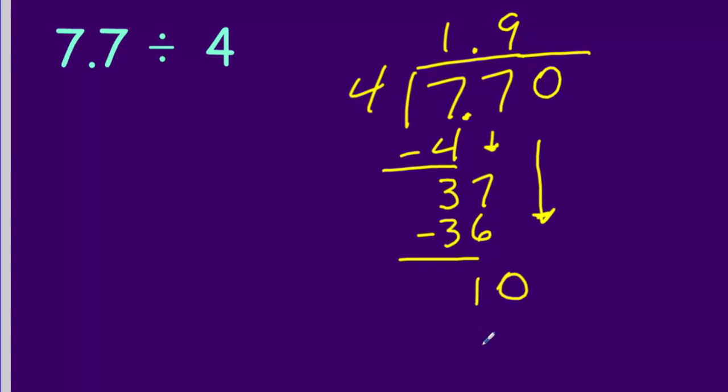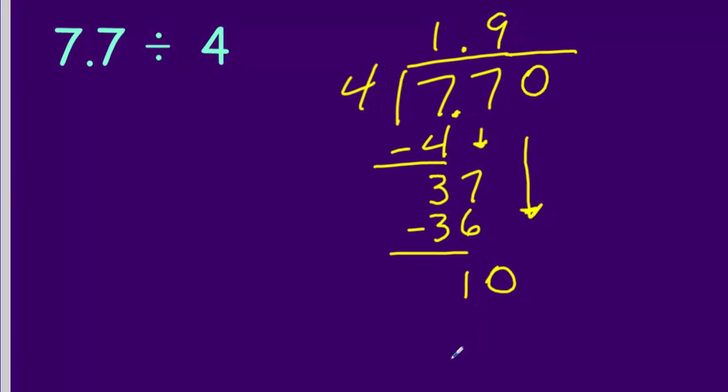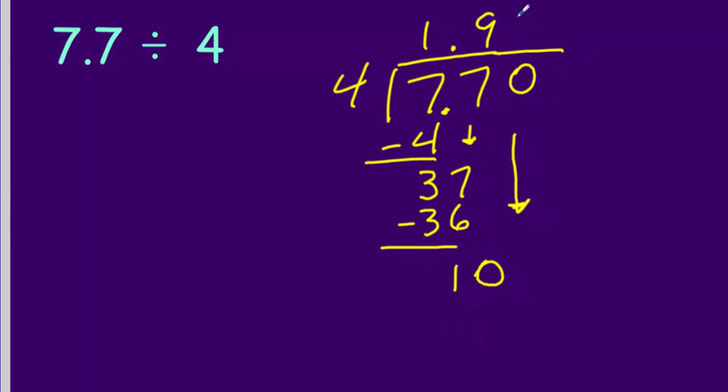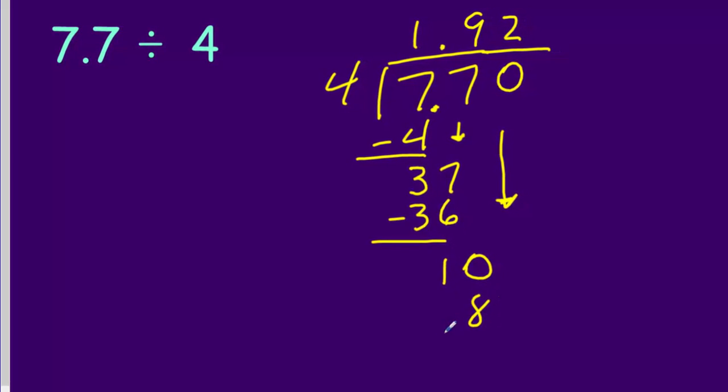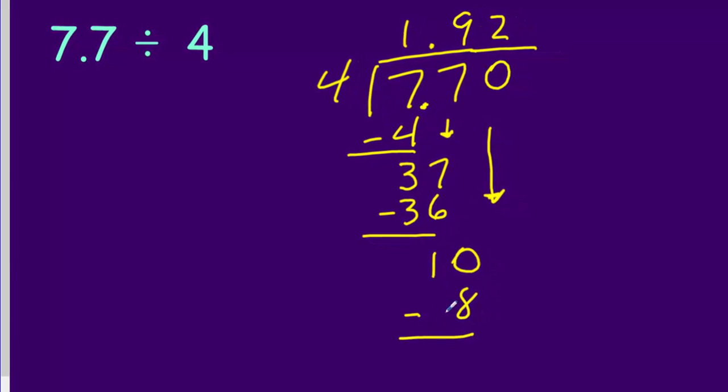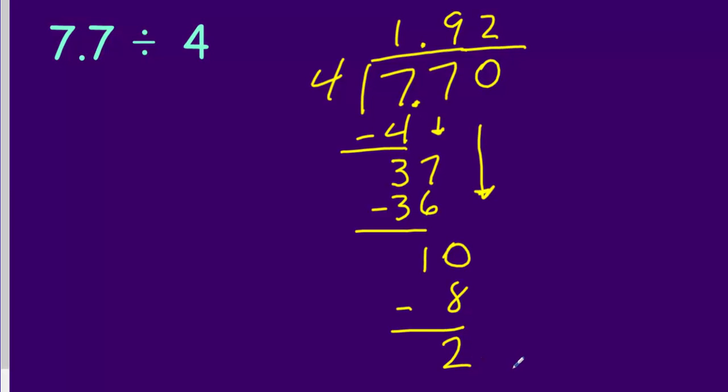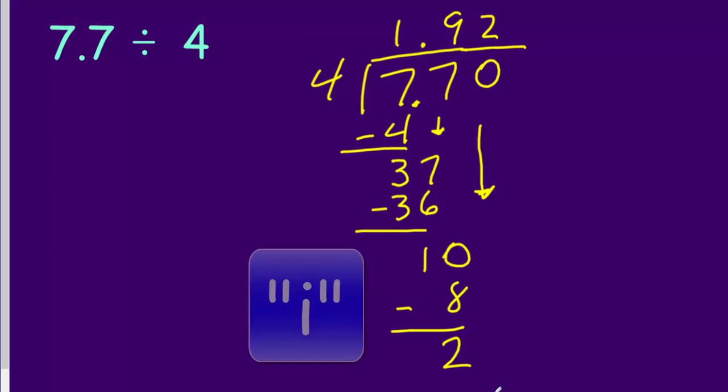Now I can share that with the 4 groups equally, but I can only put 2 in each group, meaning that I have a total of 8 that I can share equally, leaving me with 2 hundredths left over. With our 2 hundredths left over, we can't share that equally, right? We have 2, but we can unbundle that, and now we can make thousandths.